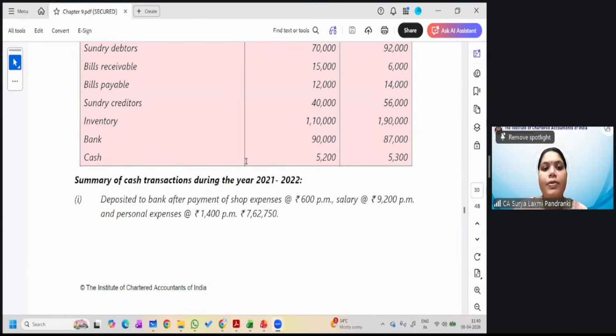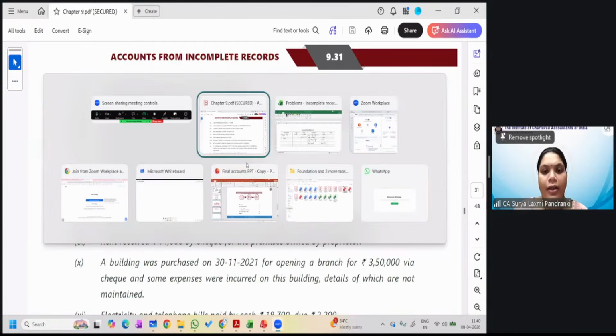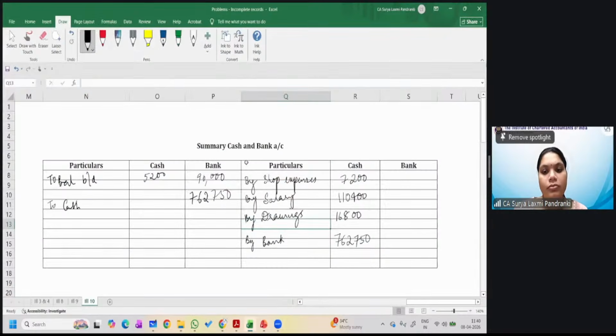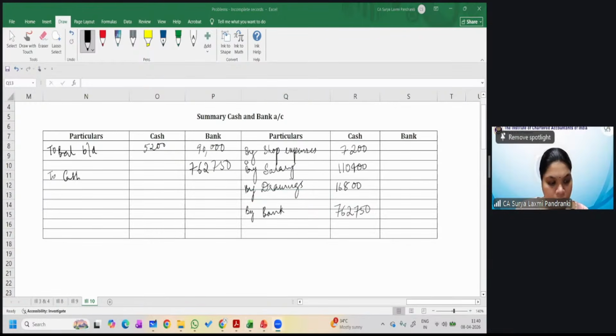Now the next one is cash withdrawn from bank. What will be the entry? Where should I write this? Ma'am, to bank, cash column, 12,100, and by cash. Credit side, bank 12,100. To bank, I should write it in which column? Cash or bank? Ma'am, cash.